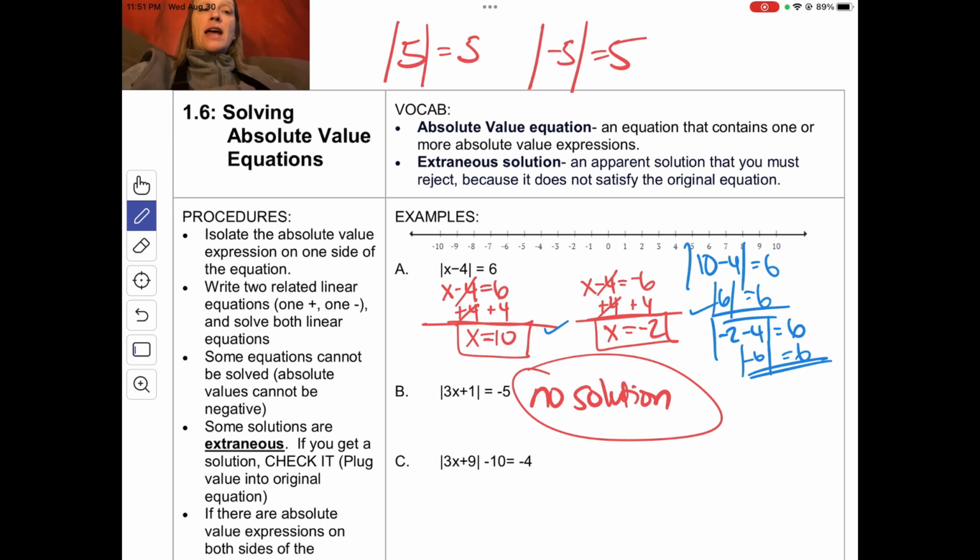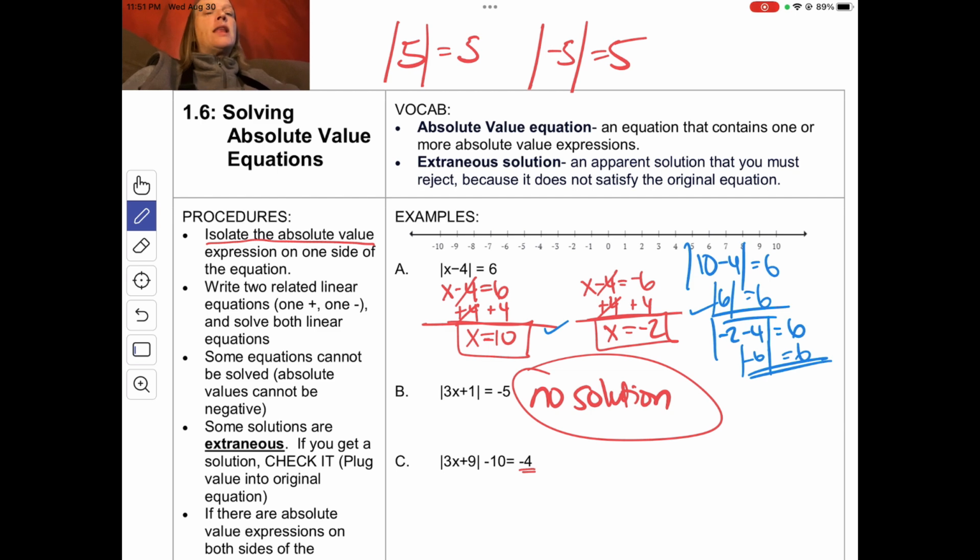If we look at the next problem, on the surface it looks similar. The absolute value of 3x plus 9, minus 10, equals negative 4. At first you might think, hey, absolute value equals a negative number. This has no solution. But that's not true, because we haven't done our first step yet. We haven't isolated the absolute value expression on one side of the equation.